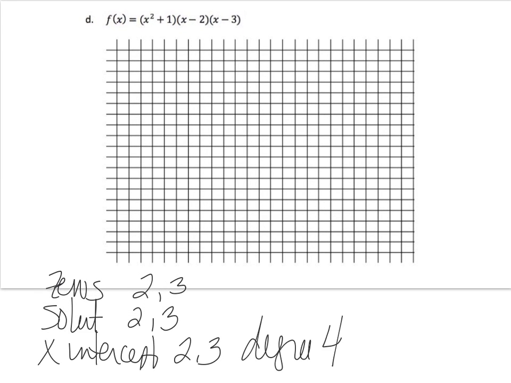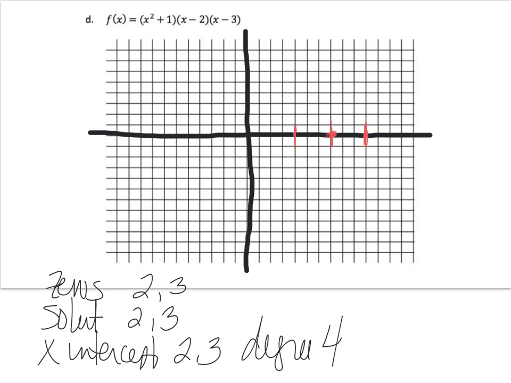All right, let's see how we can draw it. I know my zeros are at 2 and 3, and the degree is 4.